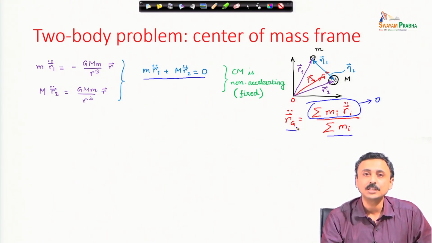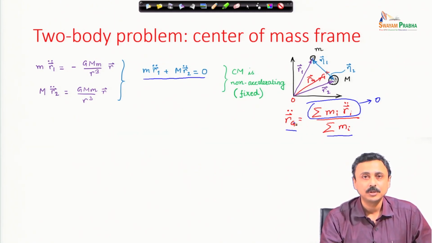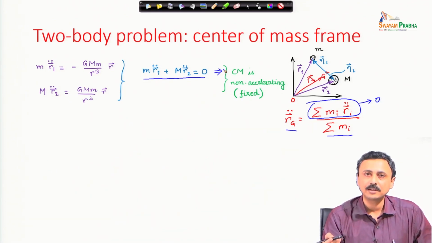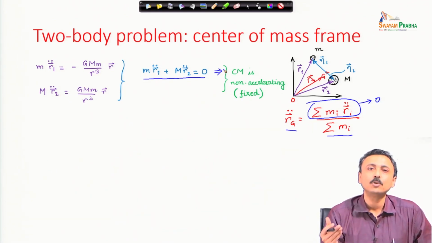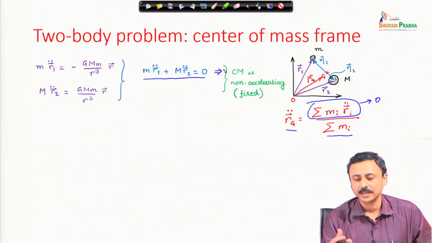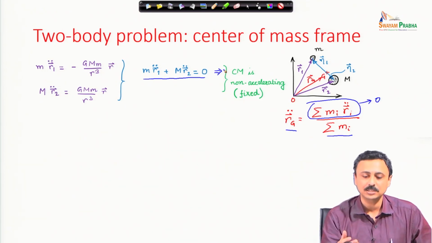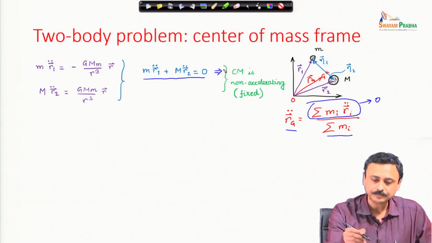Therefore, rg double dot must be 0, which means the center of mass is non-accelerating. This implies the center of mass may at most have a constant velocity, therefore I can shift to another inertial frame in which the center of mass is fixed.